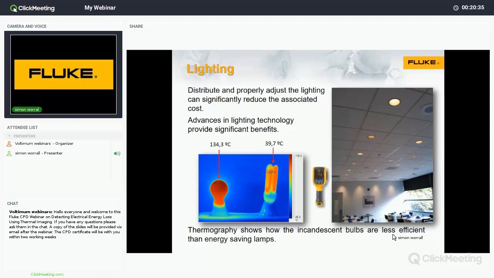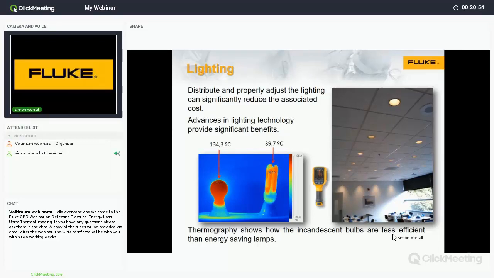By putting in more modern, efficient energy equipment, such as new lighting and variable speed drives, we've reduced our overall energy usage. But one of the side effects of these modern electronic devices is that they create harmonics.